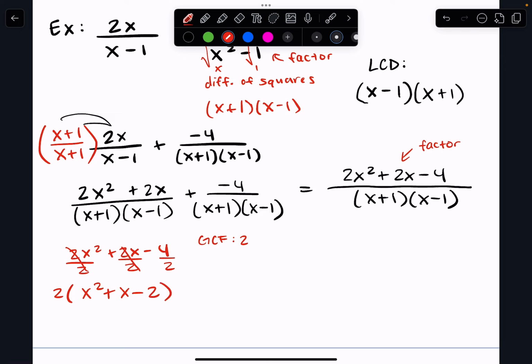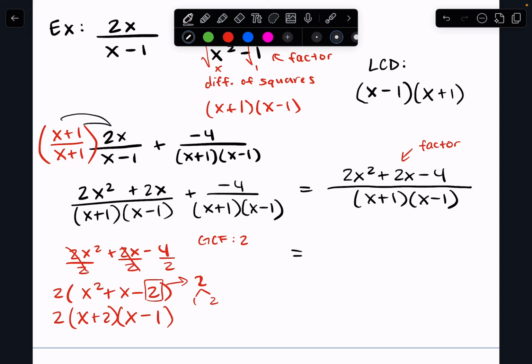And then now you're going to check and see, can you factor this? So what are your factors of 2? We only got 1 and 2. That's going to subtract to give you a 1. And so we're going to have x, let's see, plus 2 because that's a positive x, minus 1. So now that you have that factored, you can go ahead and rewrite that for the numerator on the top.